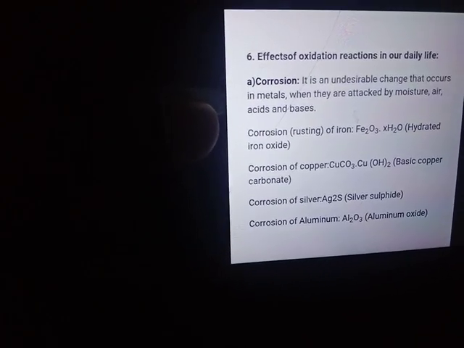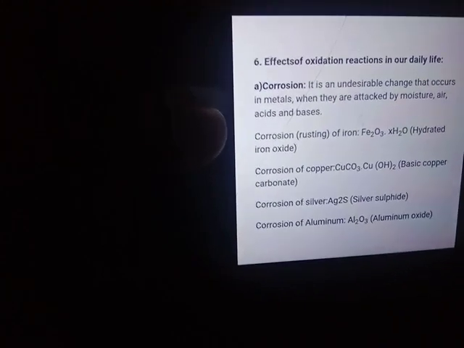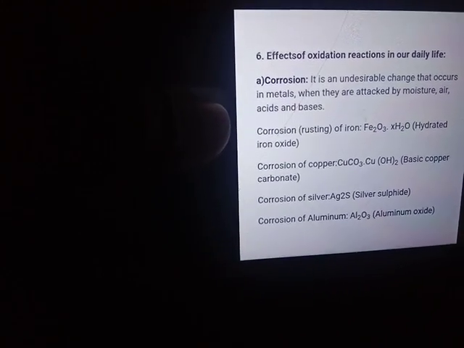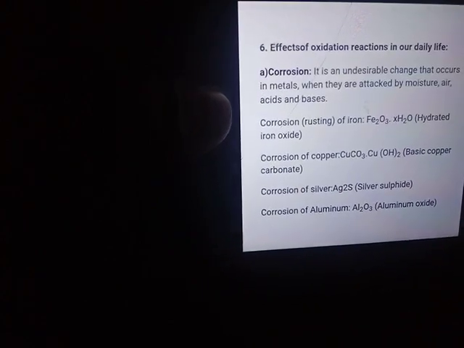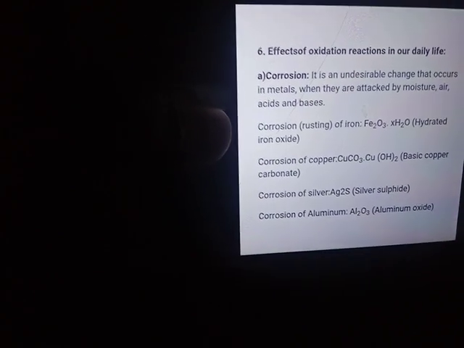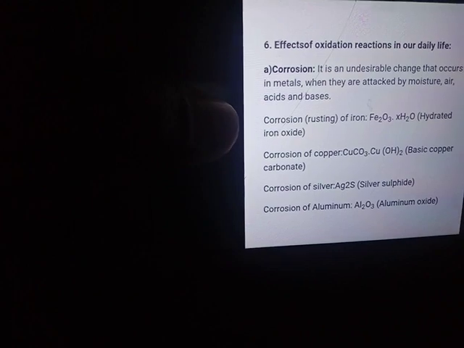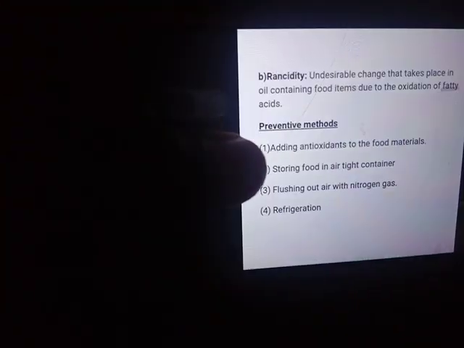And corrosion of copper, the formula is CuCO3.Cu(OH)2, basic copper carbonate. All these are important questions. Corrosion of silver gives Ag2S, silver sulfide. Corrosion of aluminium gives aluminium oxide.